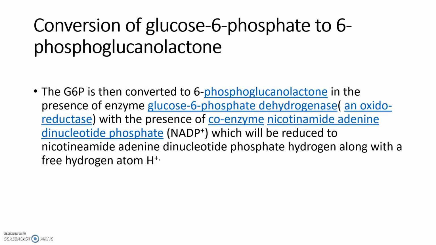Next is the conversion of glucose 6-phosphate to 6-phosphoglucanolactone. The G6P is then converted to 6-phosphoglucanolactone in the second step, in the presence of the enzyme glucose 6-phosphate dehydrogenase. This is an oxidoreductase enzyme with the coenzyme NADP+, nicotinamide adenine dinucleotide phosphate.